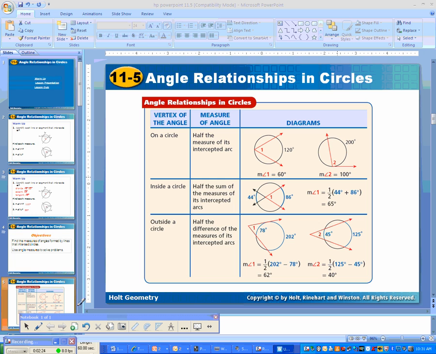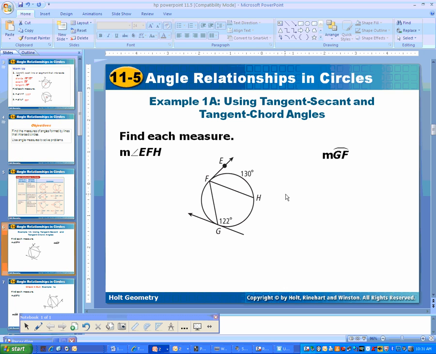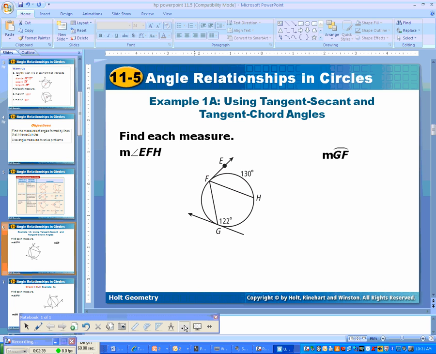Here are some examples. Again, I told you that this could look a little confusing. This one, they wanted to find out what the measure of angle EFH is. That is EFH, this one right here.